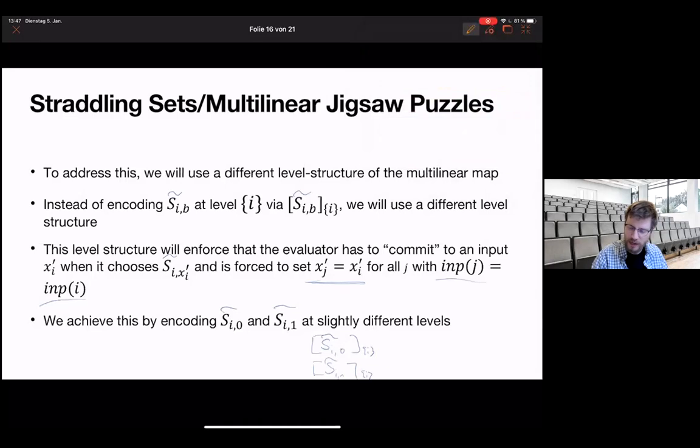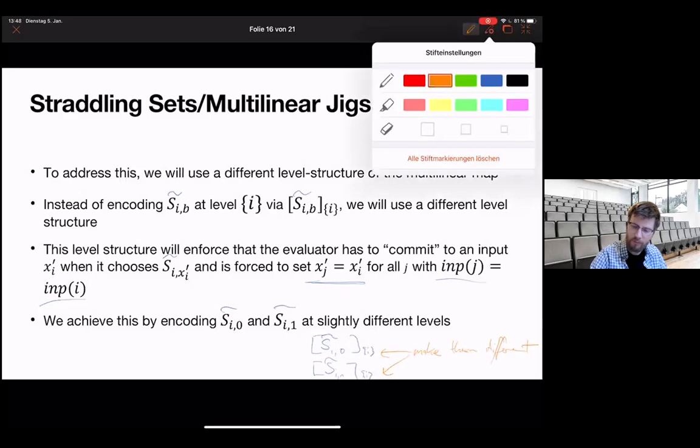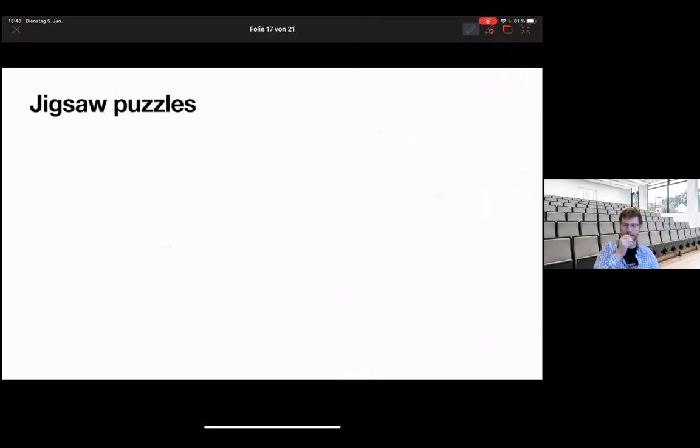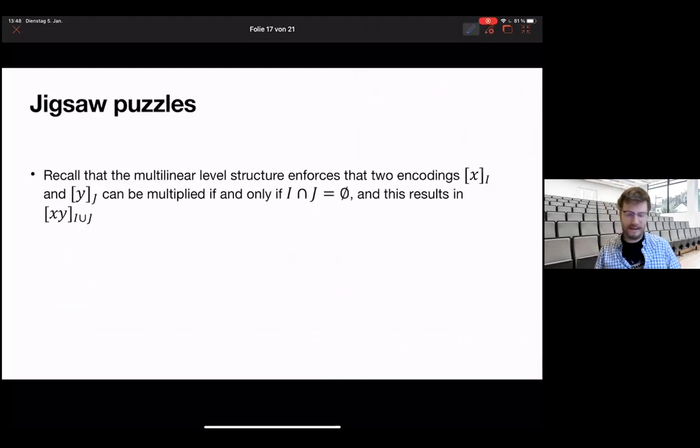What we're going to do now is make them different. For that, we'll look at these jigsaw puzzles.